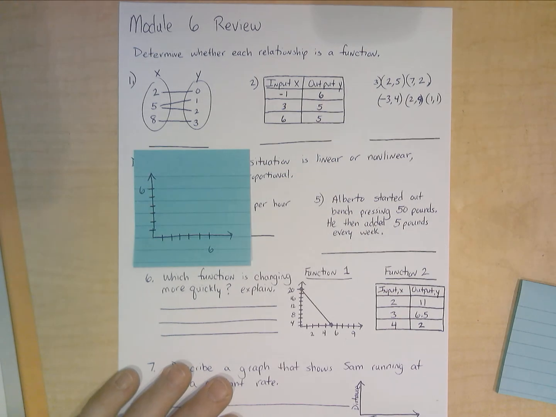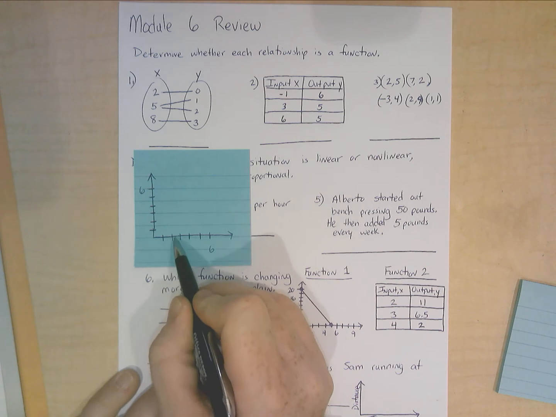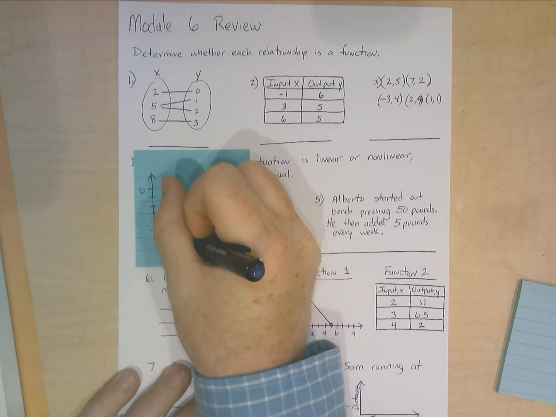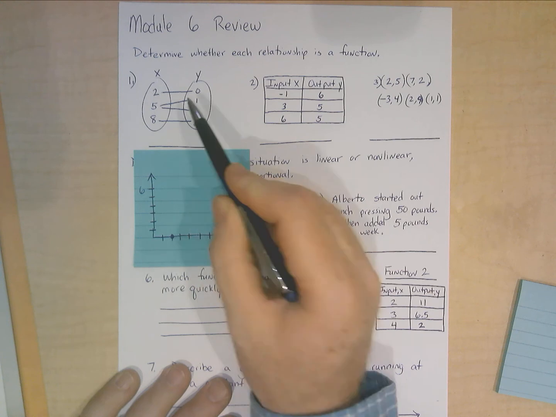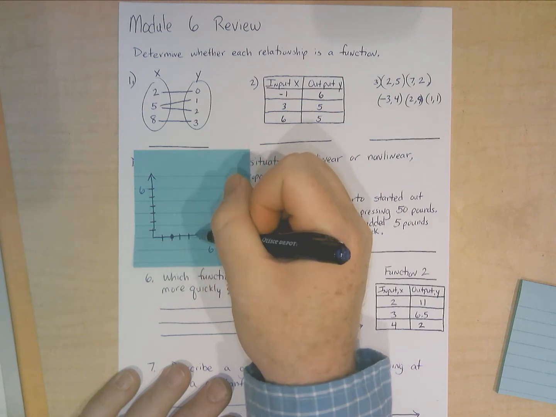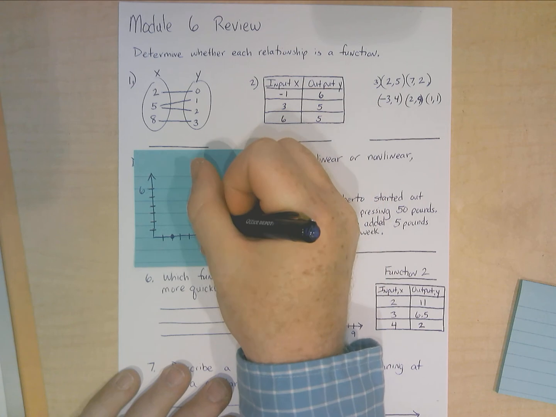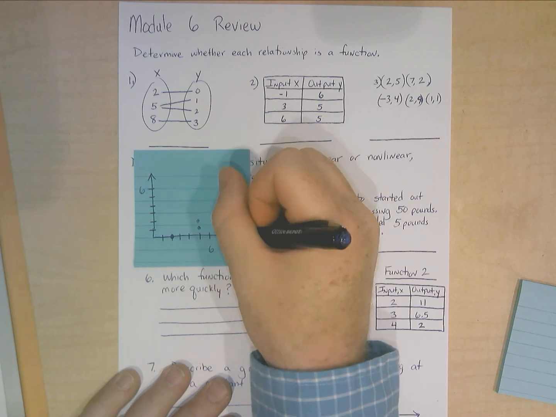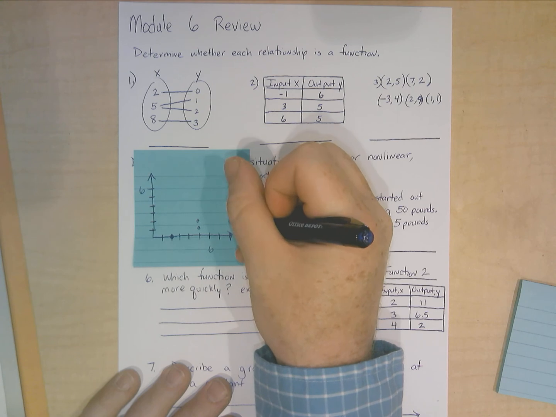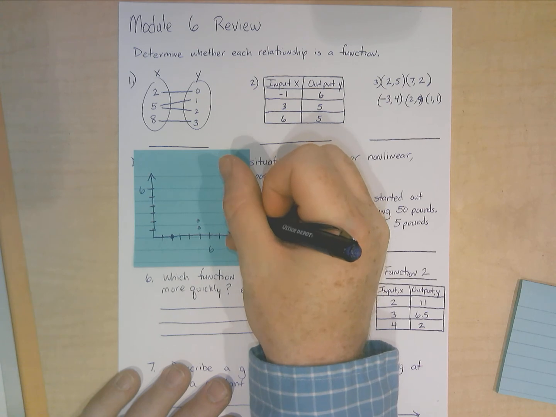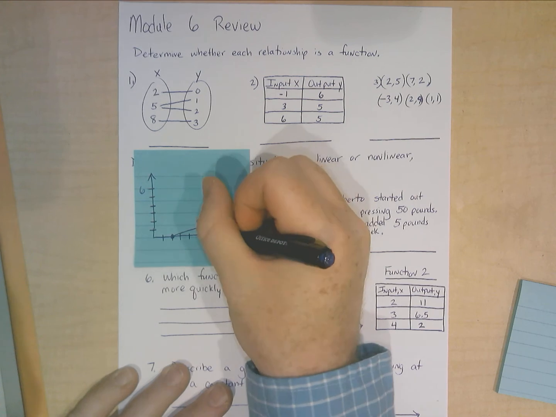So if I graph this, 2, 0 is going to be 1, 2, and then 0 is going to be here. So that's 2, 0. 5, 1 is going to be 1, 2, 3, 4, 5, 1. 5, 2, just above it. And then 8, 3 is going to be 8, 1, 2, 3. So your graph's going to do something like this.